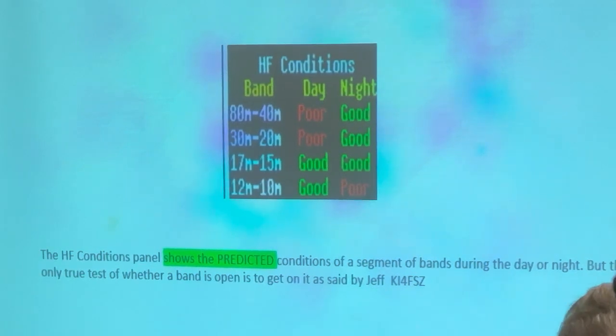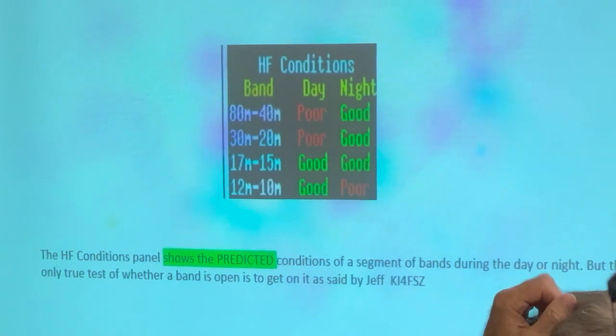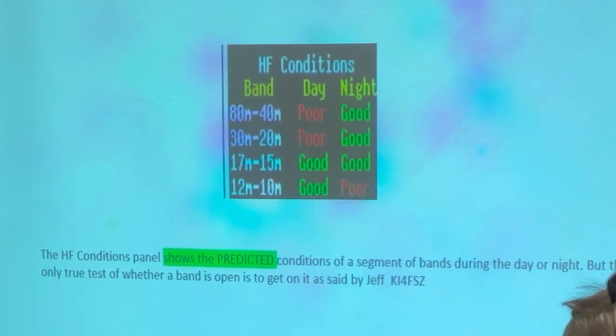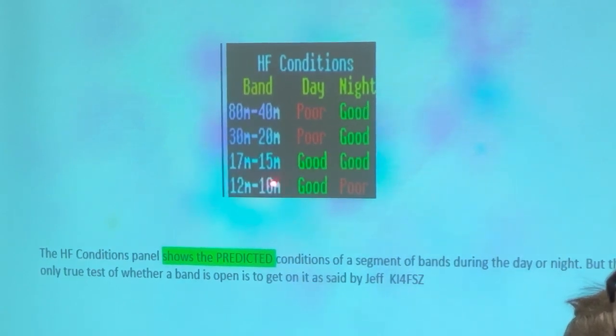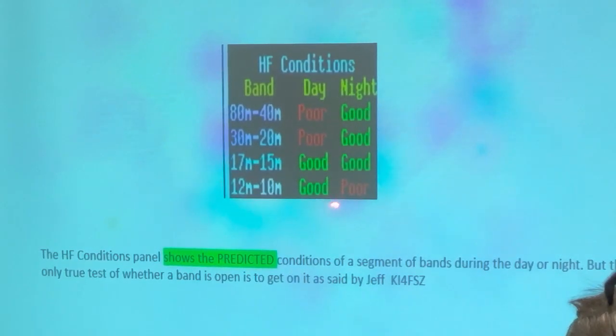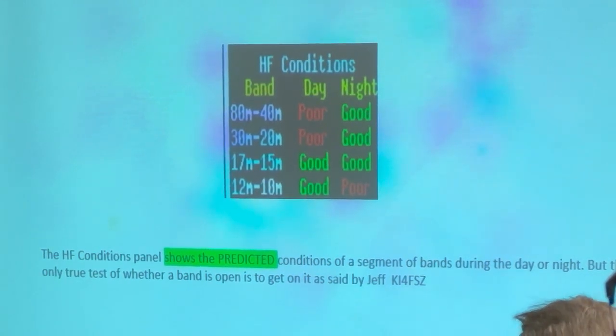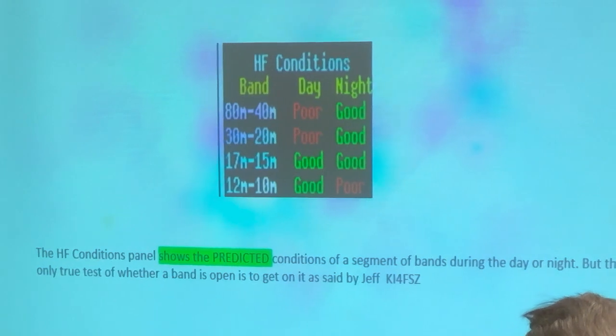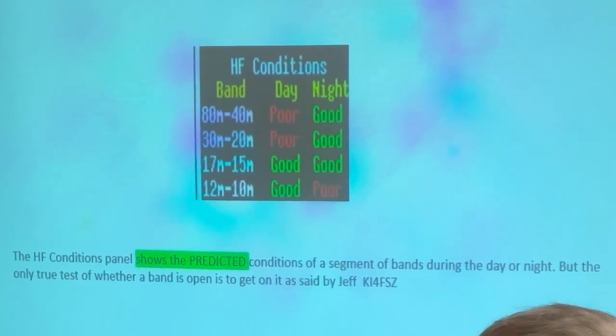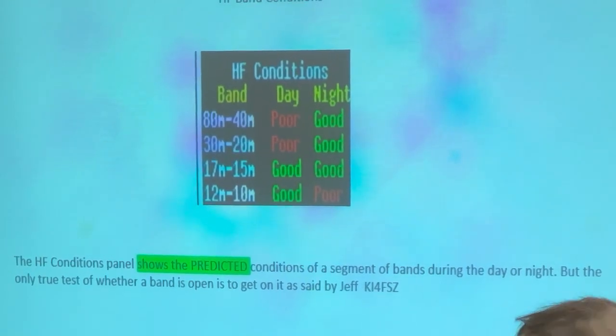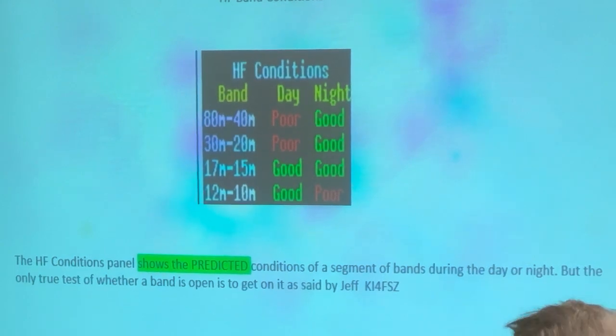That's generally how it works. And then you work down to your 12 to 10 meter there, and that's just the opposite. It's good during the day and poor during the night. But then again, the true test of whether a band is open there, as KC4SXO would say, is to get on the air and put out your call.